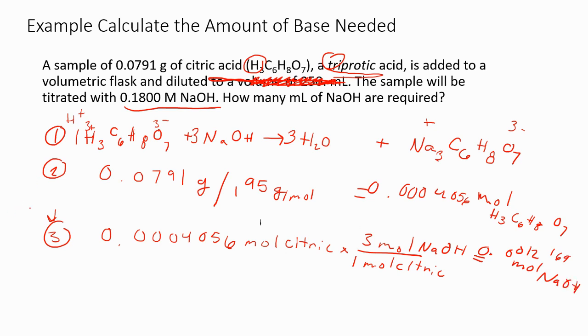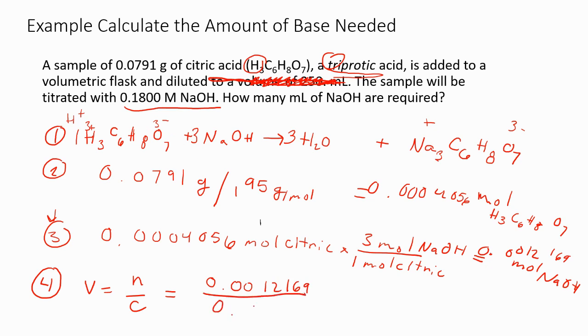Okay, and the last step. The last thing that we need to do is to calculate the volume using the concentration. So we're going to use this equation: the volume equals moles divided by concentration. So we just figured out moles of sodium hydroxide. Moles of sodium hydroxide divided by concentration. They're always going to give us that.